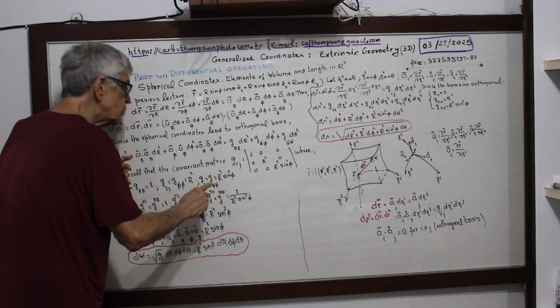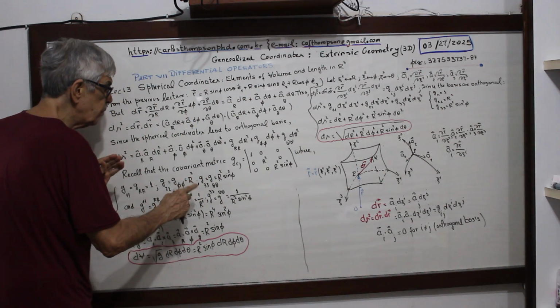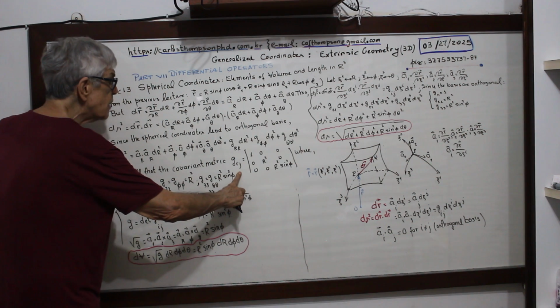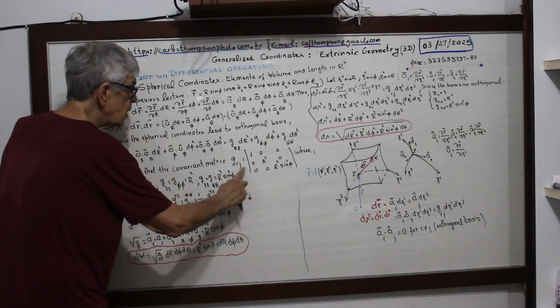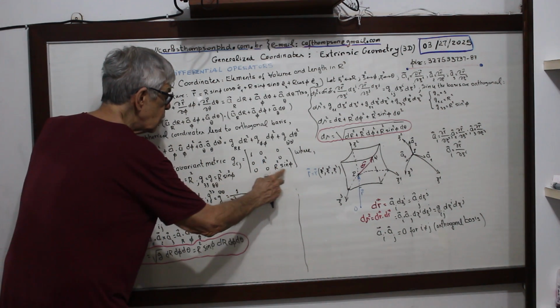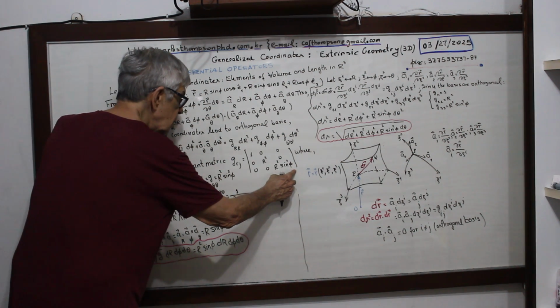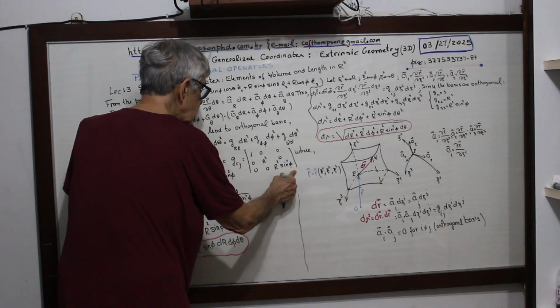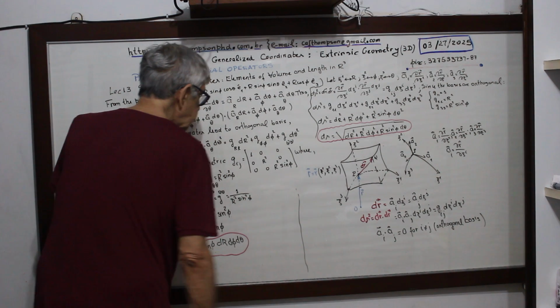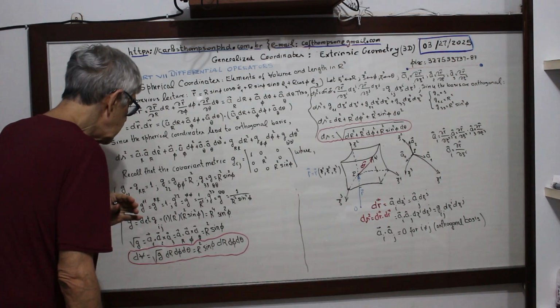We found in the last video the covariant metric: 1, R squared, and R squared sine squared phi, okay, in the denominator.